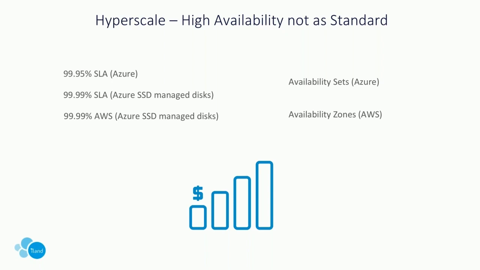So a lot of people ask us about that. Obviously, 22 minutes worth of downtime is not acceptable for a lot of organizations. So they look to build in availability sets and availability zones. And there are a few challenges with that. One of which is certainly the cost that's associated with it, storing multiple copies of your data in different availability sets or availability zones.